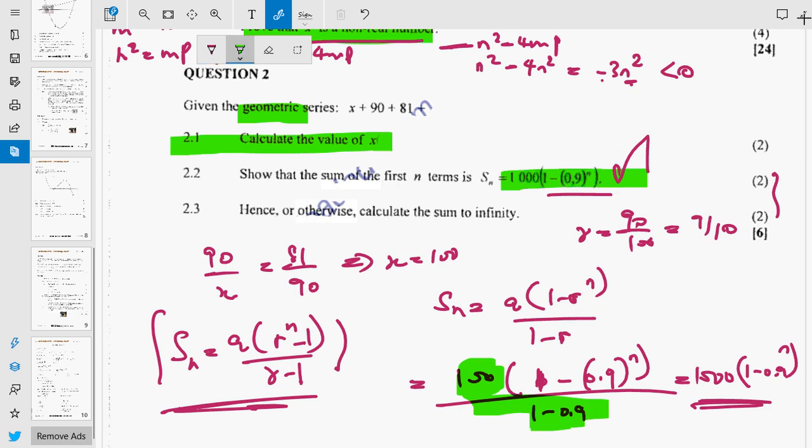The last part of question 2 says, hence or otherwise, calculate the sum to infinity. You have got the sum of the first n terms.